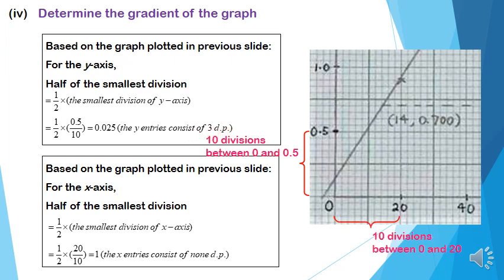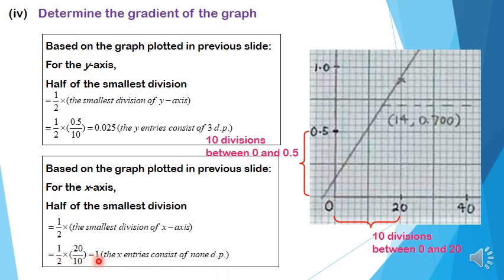For the x-axis, there are 10 divisions between the values of 0 and 20. What is the value for each division, or each square box? We take the value of 20 divided by 10 divisions. It gives us a value of 2. And we can estimate until half of the division. Then we take the value of 2 divided by 2 and it gives 1.